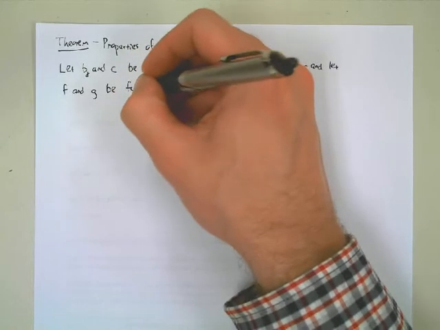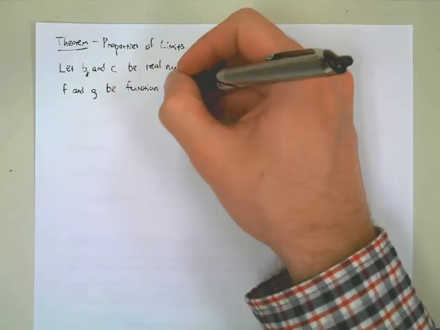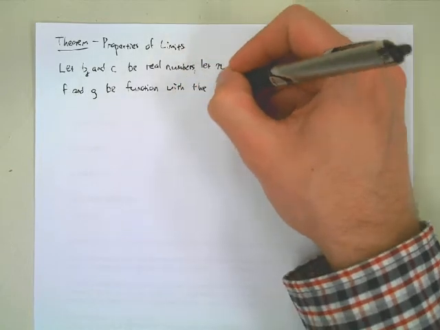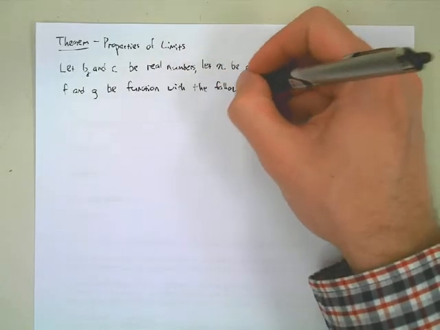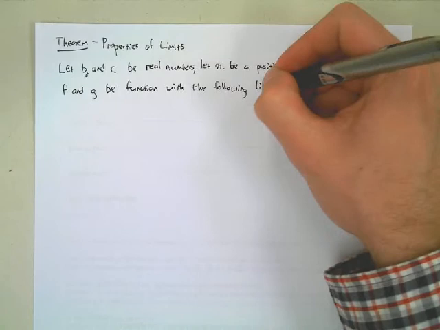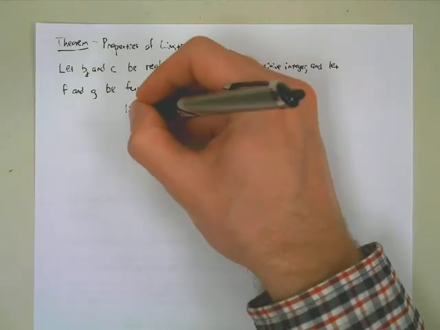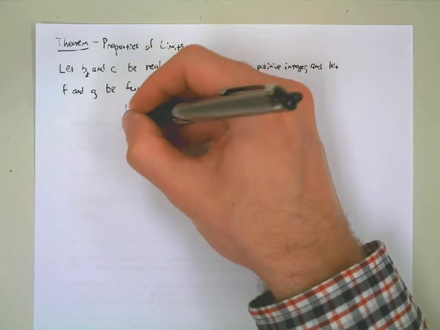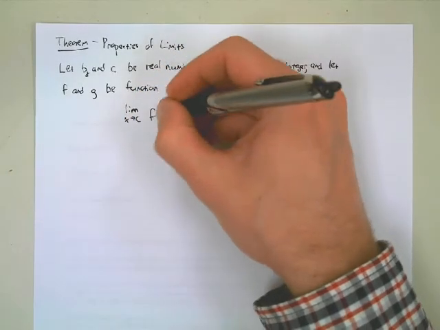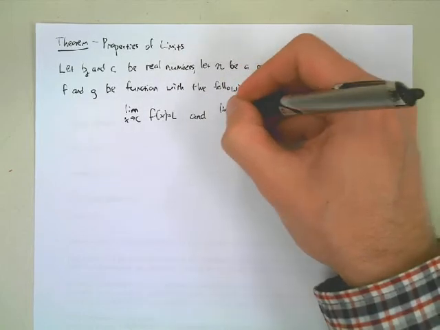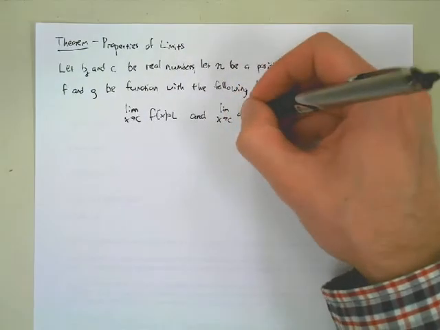I know, I'm sorry, I'm getting ahead of you here, but I'll slow down and give you a chance to catch up. So the limit as x approaches c of f of x is L, and we'll say the limit as x approaches c of g of x is K.